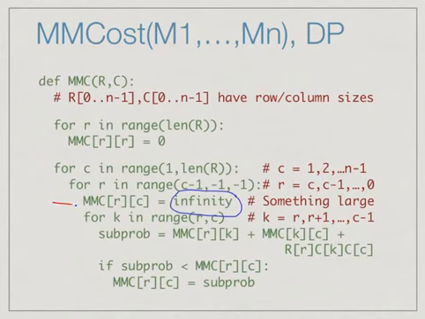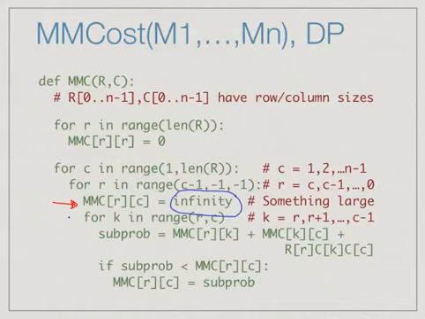When we start the loop, we assume that the value for RC is actually infinity. Now what is infinity? Well, you can take, for instance, the product of all the dimensions that appear in this problem. You know that the total dimension will not be more than that. Right? So you can take the product of all the dimensions, or a very large number. It doesn't matter, something relative to what your problem has. So we have not defined it in the code, but the important thing is that you're computing a minimum.